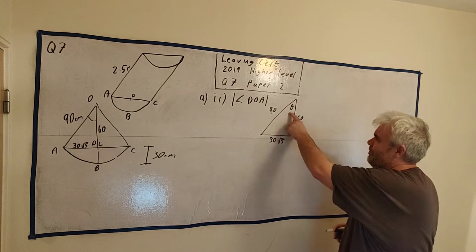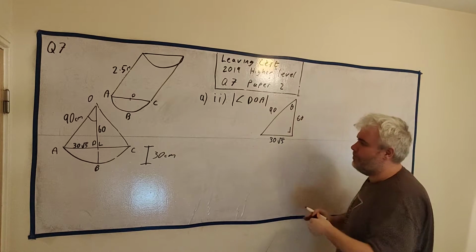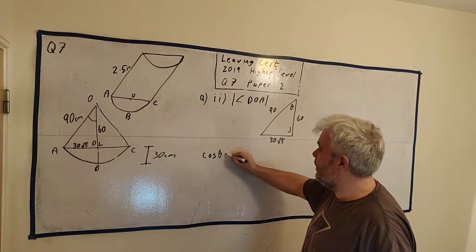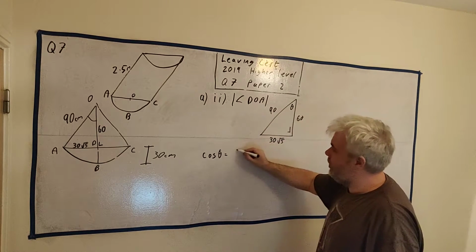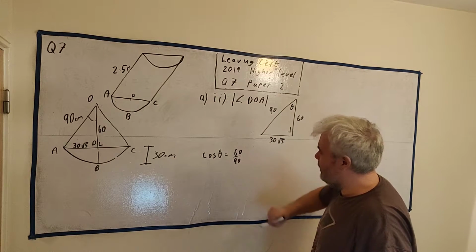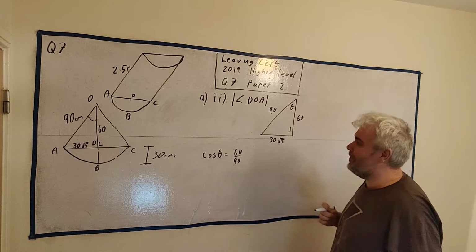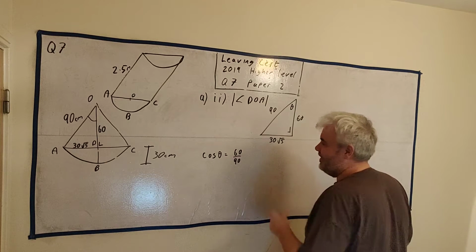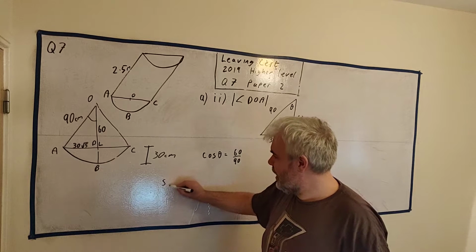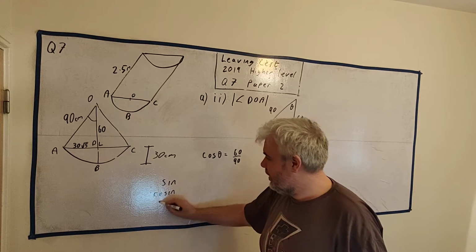There's a few formulas: cosine, sine, tan. They'll all find this, but I'll go ahead and use the cosine. Cosine theta must equal the adjacent divided by the hypotenuse. However you remember that, I can't remember any of the mnemonics that you learned. How I remembered it was, sine first, then cosine is next, then tan is next.